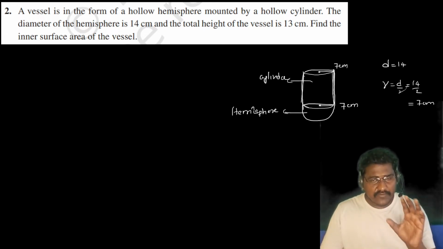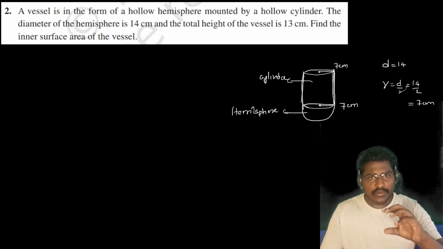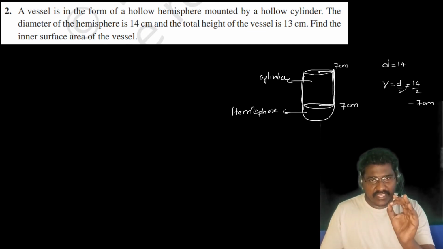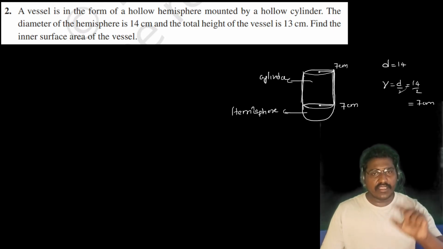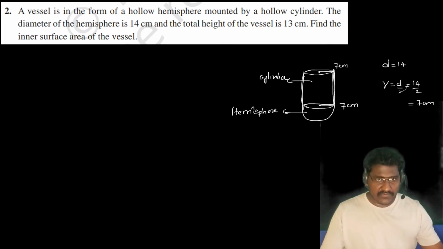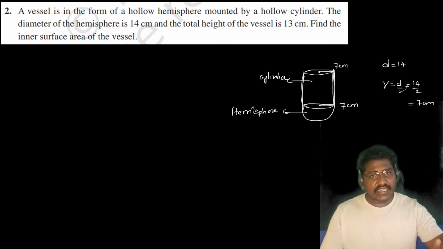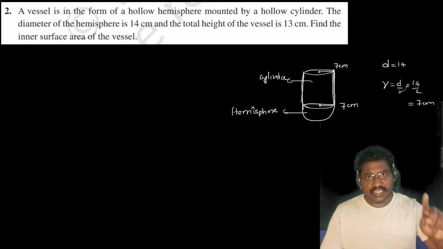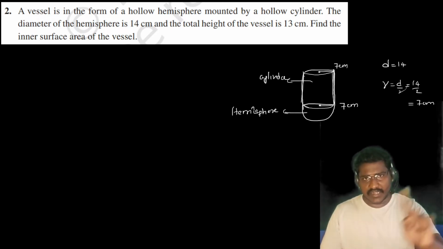Even if the data of the other figure is not given, we should realize that they have the same radius and same diameter, and take the same radius for calculations.